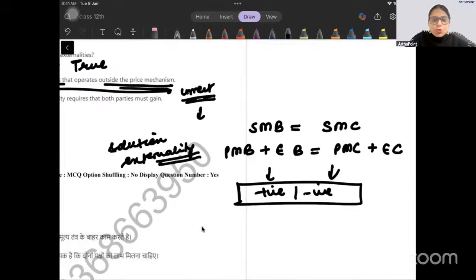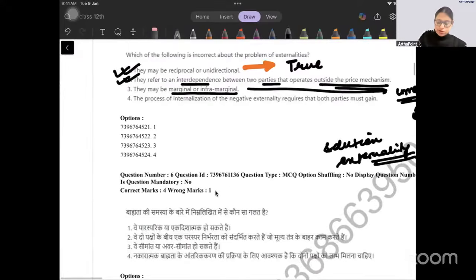So yes, we can talk about inframarginal also and marginal also. Both of them can be told for any externality problem. So this is also correct, इसमें कोई problem नहीं है. This is also the right option.